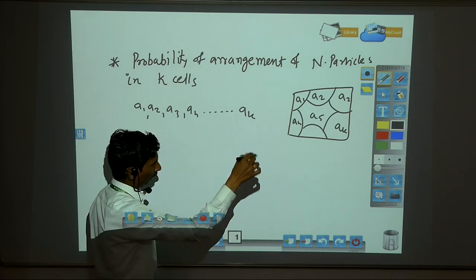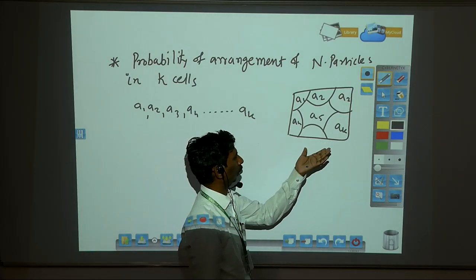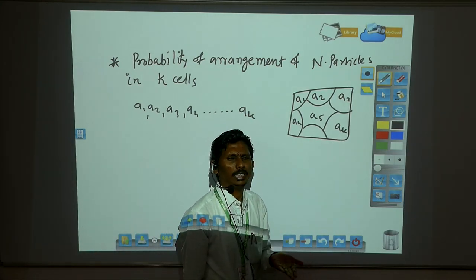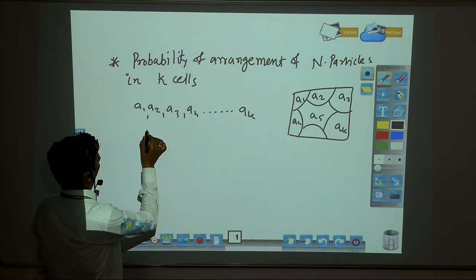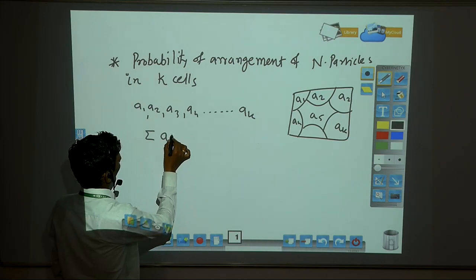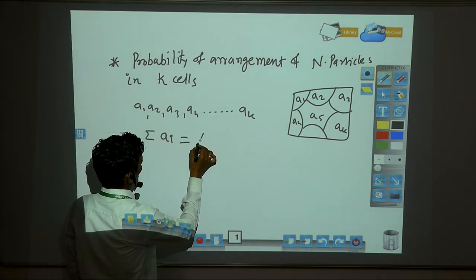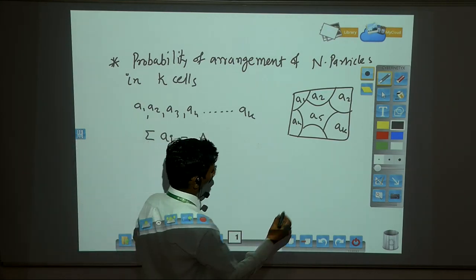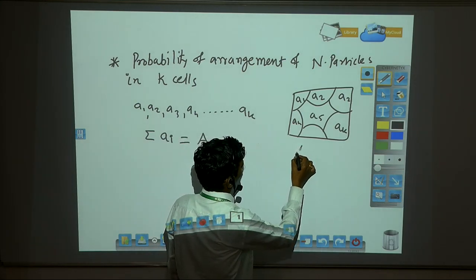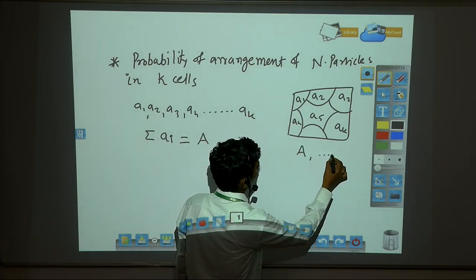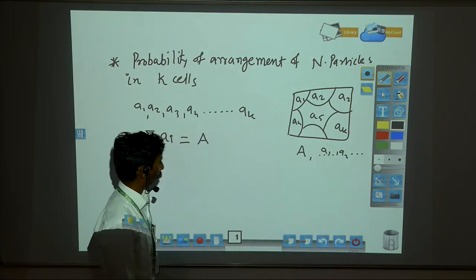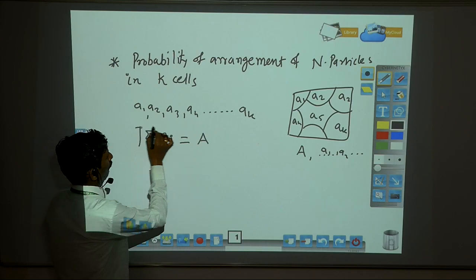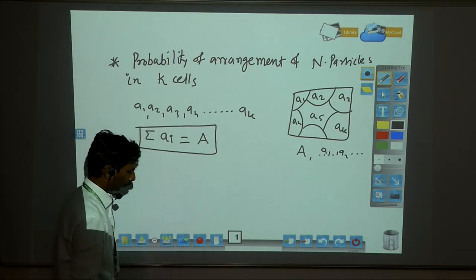We divide this total area A into K small cells, and the summation of ai is equal to A, the total area of the box.